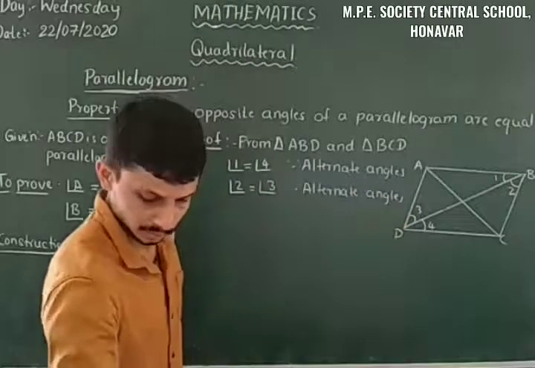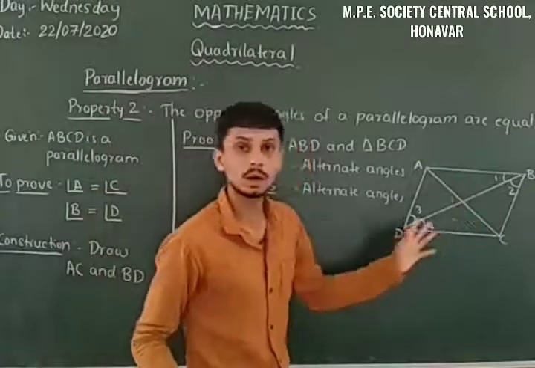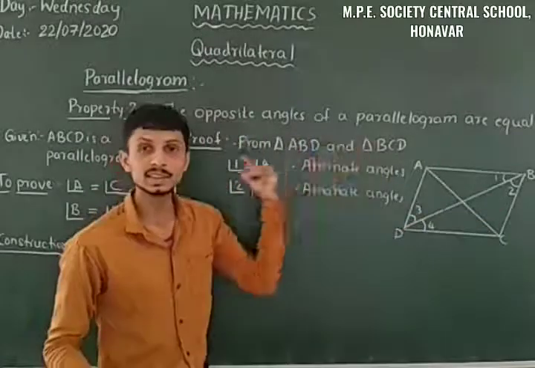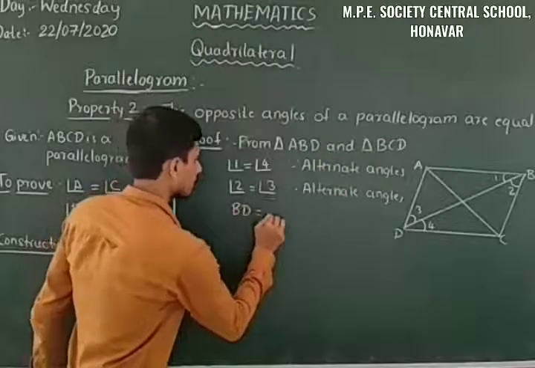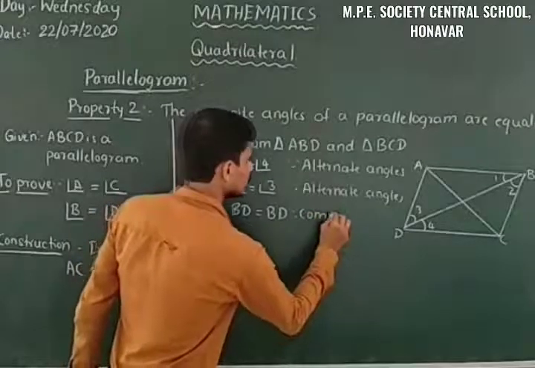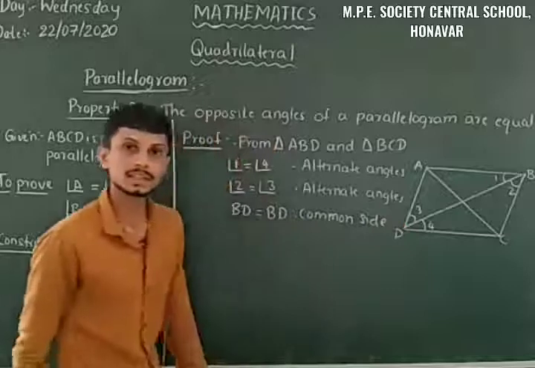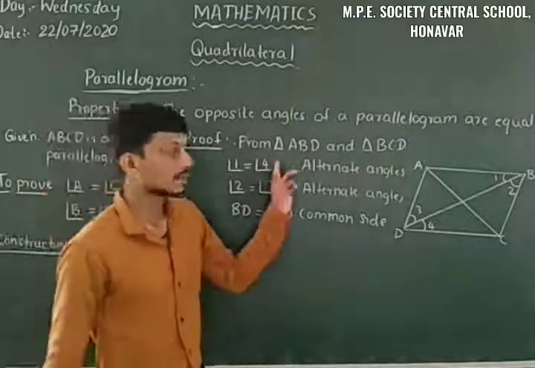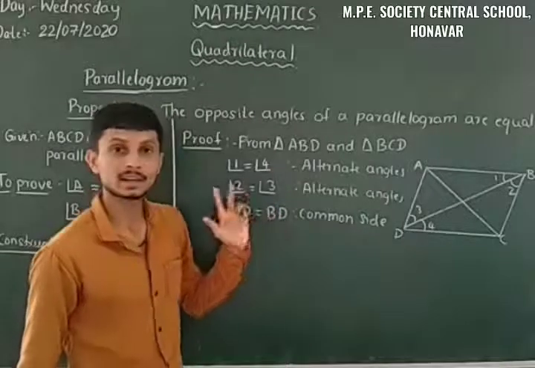Then we take the common side. BD is a common side for both these triangles. BD is equal to BD, because it's a common side. Then it is the proper criterion, that is the angle side angle criterion.